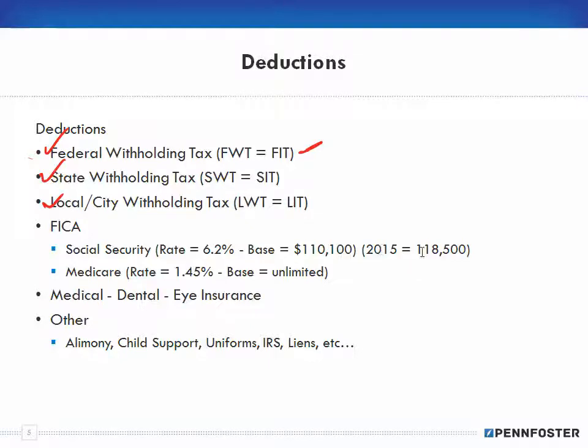For example, the base being $118,500, which most people never get to. You're talking about anybody who earns over $118,500. It's going to affect them. So the vast majority of people don't make $100,000 a year. Right? So let me talk about FICA a little bit here.